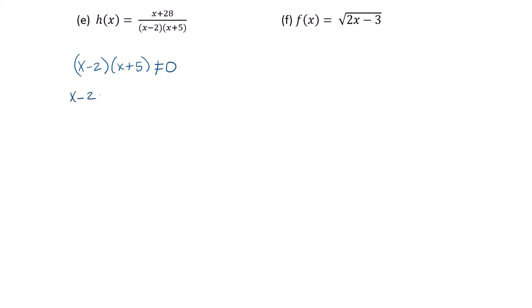So we use the principle of zero products. X minus 2 cannot equal 0, and x plus 5 cannot equal 0. So x cannot equal positive 2, and x cannot equal negative 5.